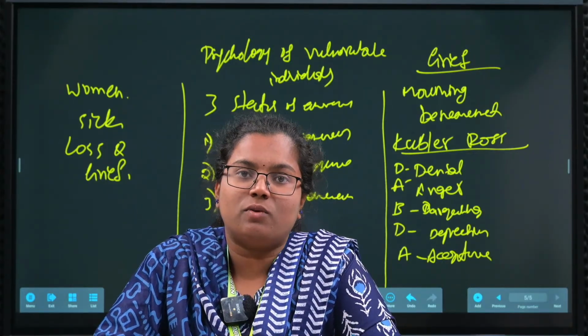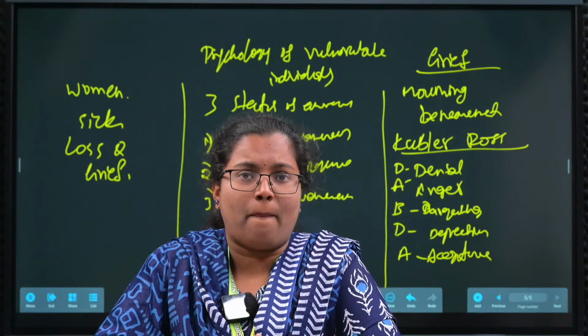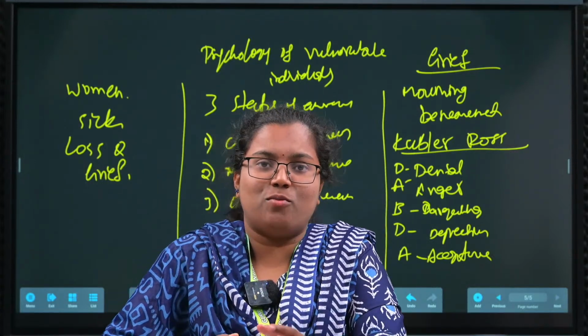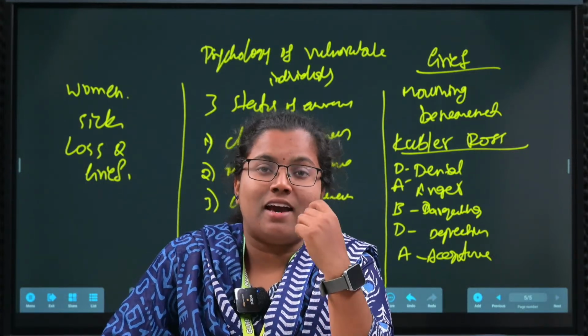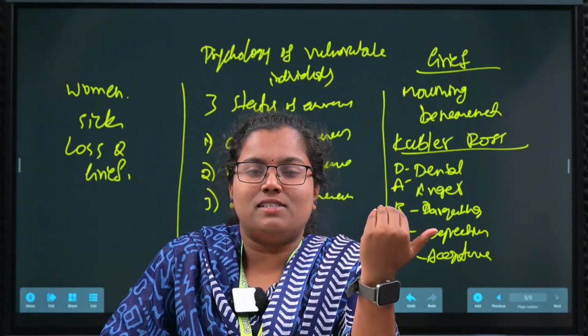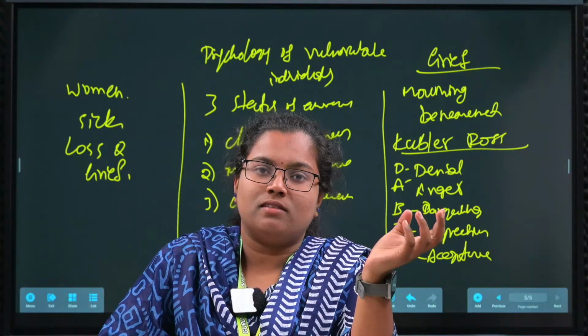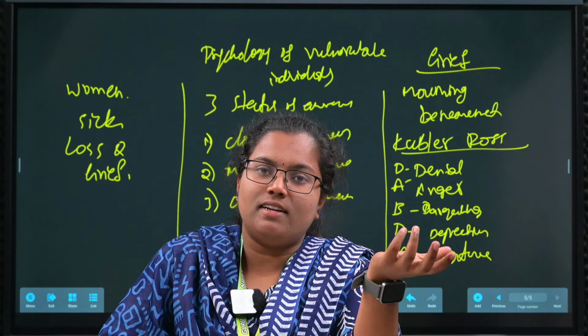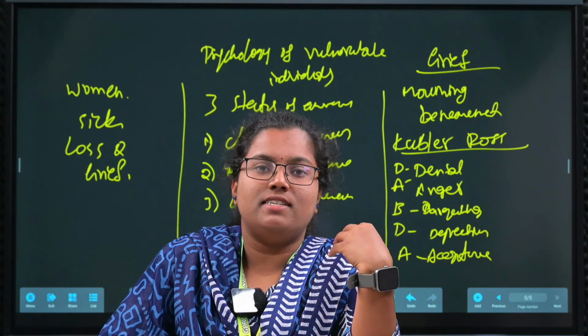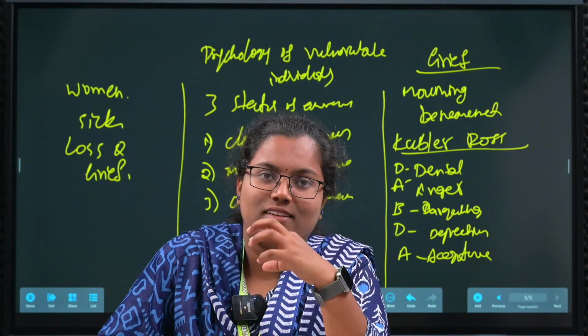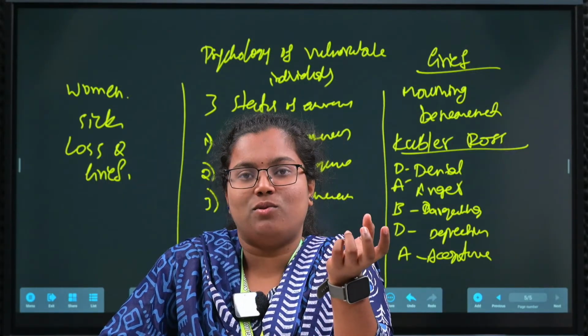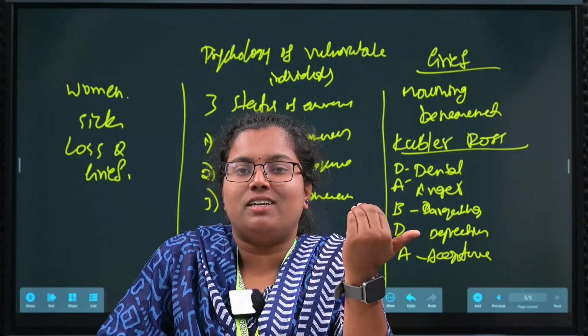And the fourth one is depression. You might know about depression. Depression means they are in an absent-minded, aloof mode. Whatever happens, why is it happening, why is it happening to me, they react like that. They are completely fed up with things.